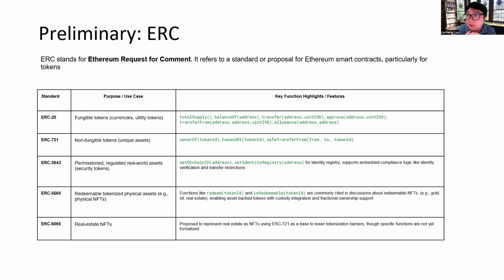And all those three standards are kind of new, because ERC20 is for like stablecoin, ERC721 for NFT. Everybody knows that, but these three not everybody knows. They're quite new, and they have their uniqueness.